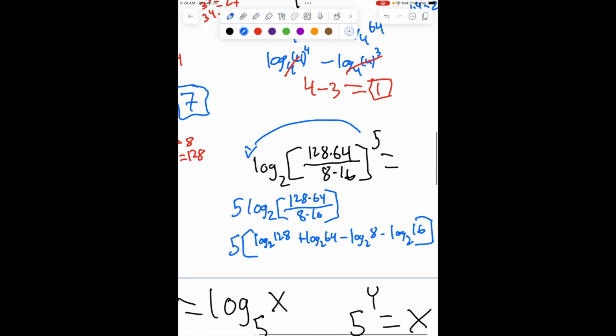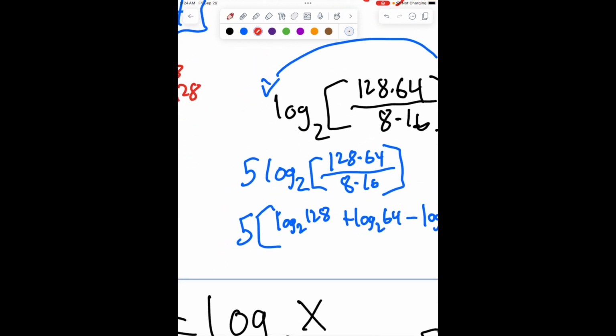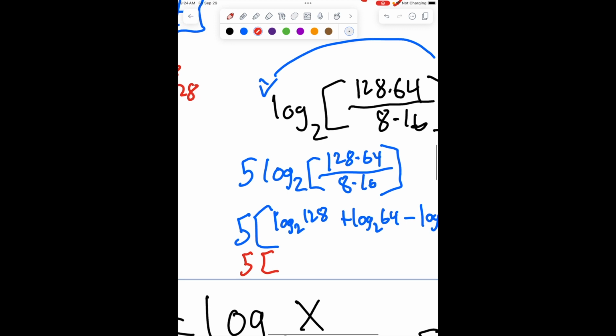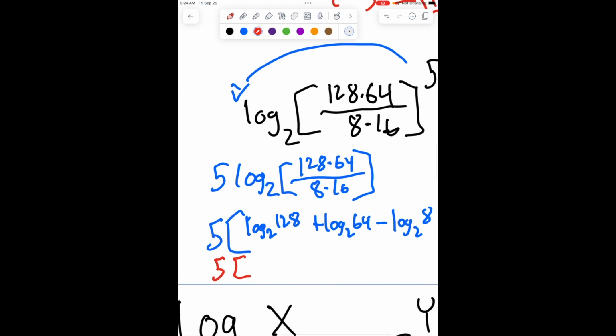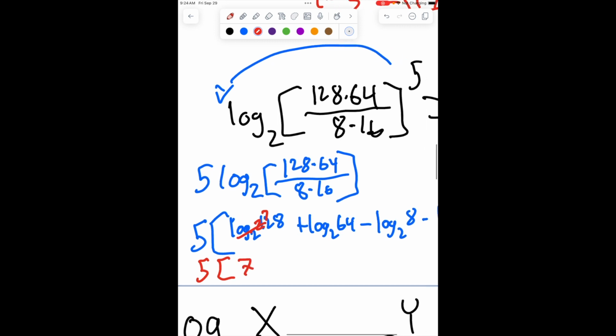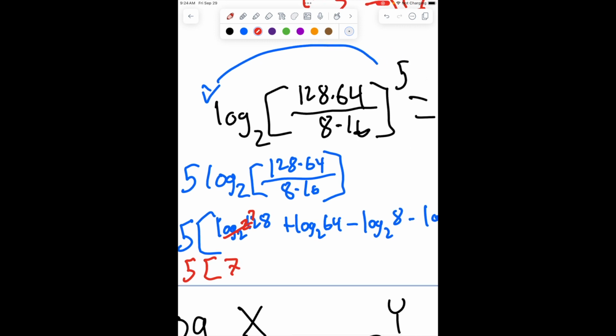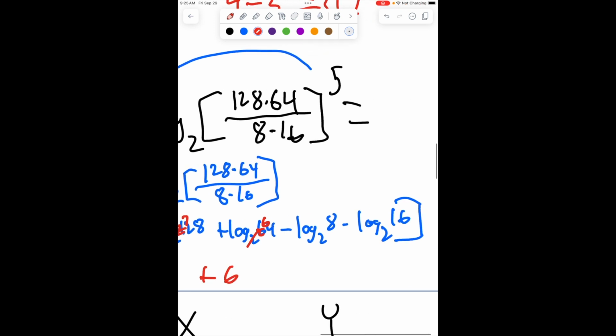All right, keeping what's outside, now I'm just going to try to simplify. We already said that this was 2 to the 7th, and that's going to cancel out, so it's going to be a 7. This is 2 to the 6th, so that's going to cancel out and give me 6. 2 to the 3rd gives minus 3, and 2 to the 4th gives minus 4.